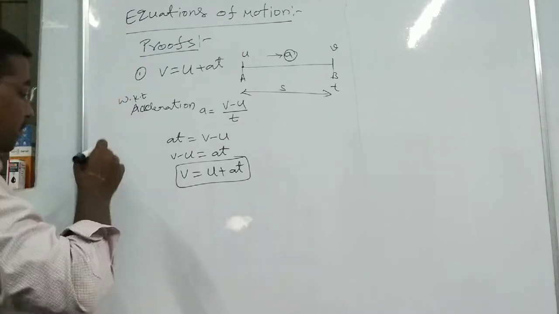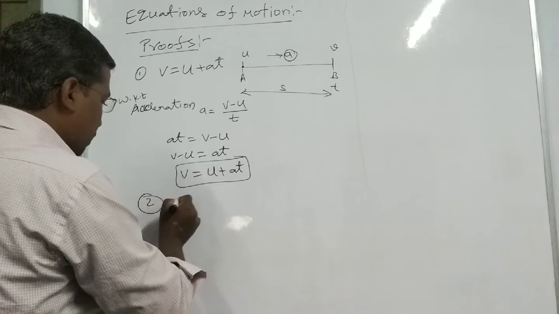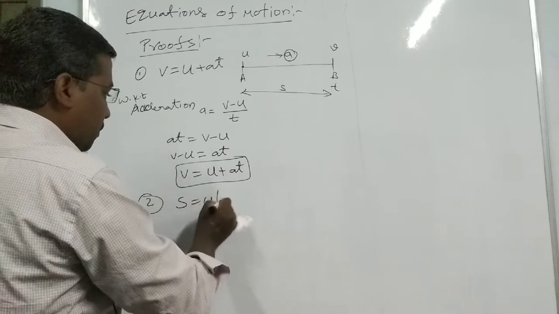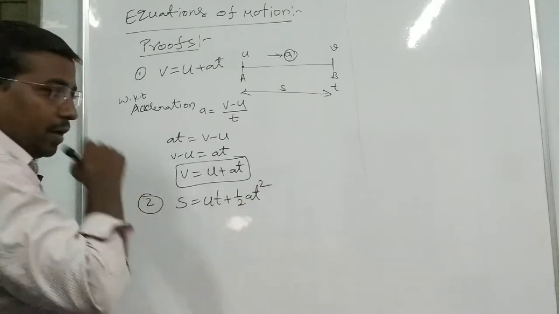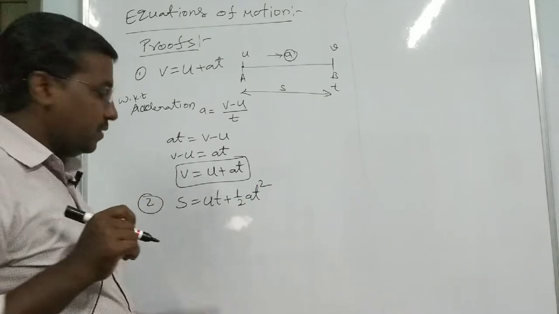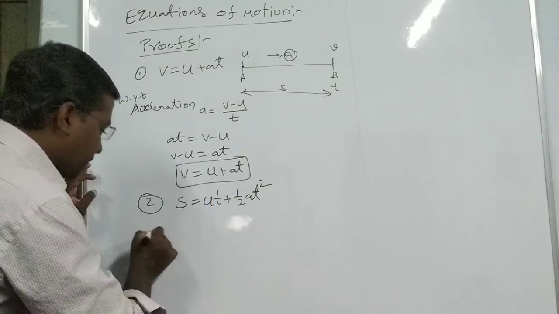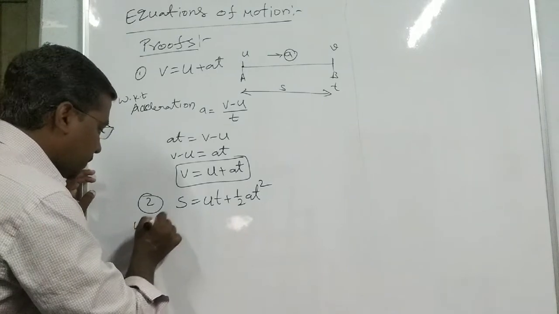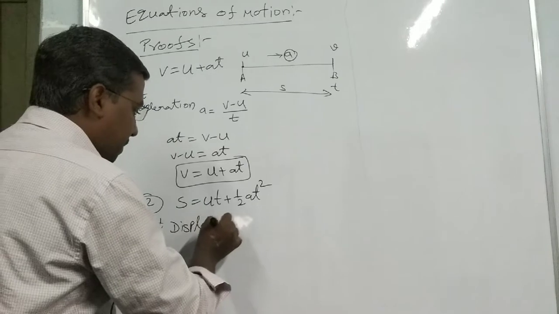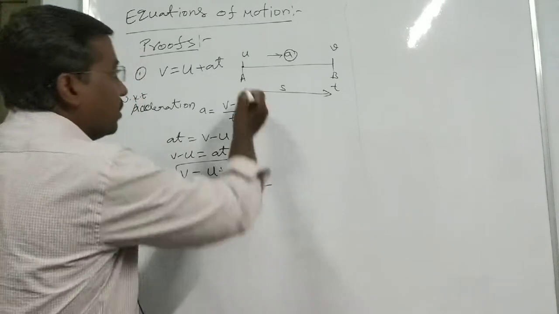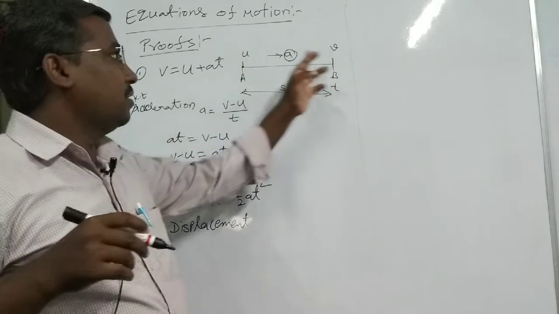Now we have to prove the second one, s equal to ut plus half at square. Here we take displacement. In this there are two velocities, initial and final.